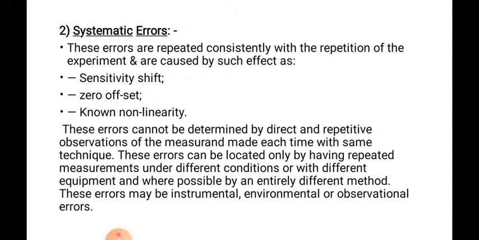These errors cannot be determined by direct or repetitive observations. These errors can be located only by having repeated measurement under different conditions or with different equipment, and where possible by entirely different methods.